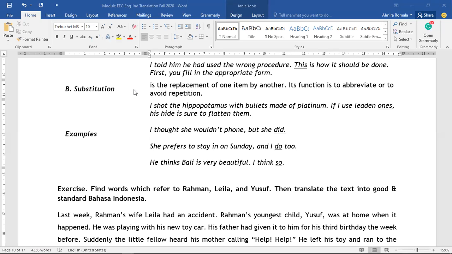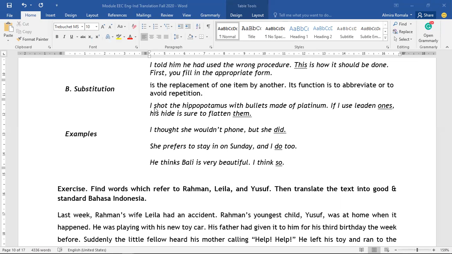Alright, guys, in producing a good text, we also have to avoid repetition, as it will make our text monotonous and kind of boring, as we just repeat a term over and over again. We have to do variation, or perhaps we could use this strategy, substitution. And we need to understand this also.